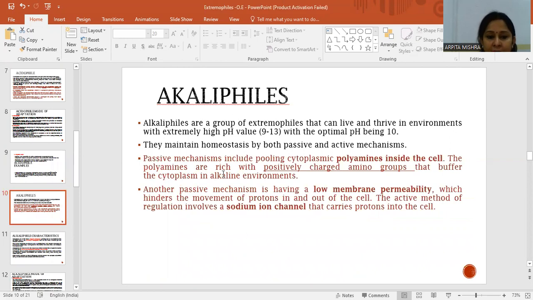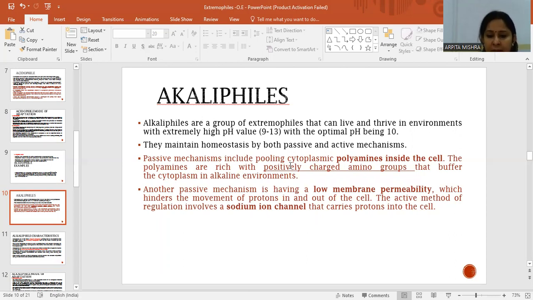Similarly, we have alkaliphiles, which can grow at extreme high pH, generally in the range of around 9 to 13, with the optimal pH being 10. And these also maintain homeostasis by both passive and active mechanisms. So the passive mechanisms include pooling cytoplasmic polyamines inside the cell.